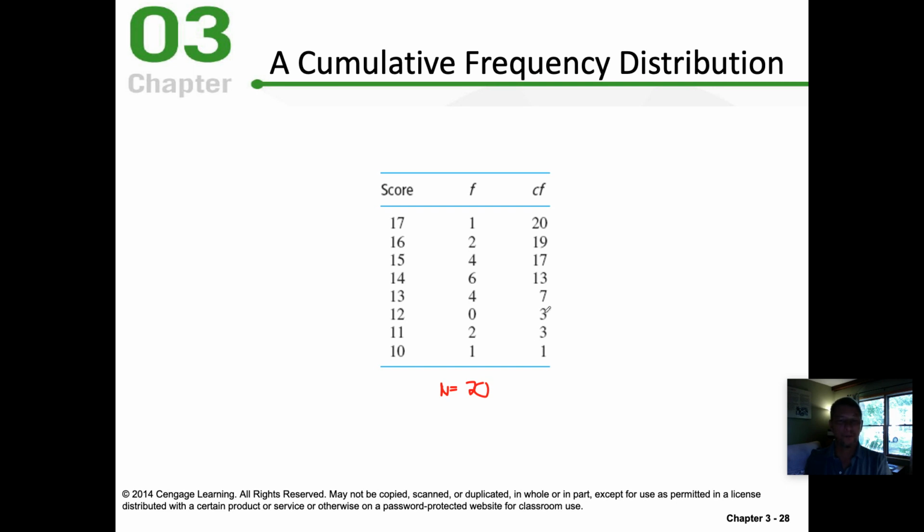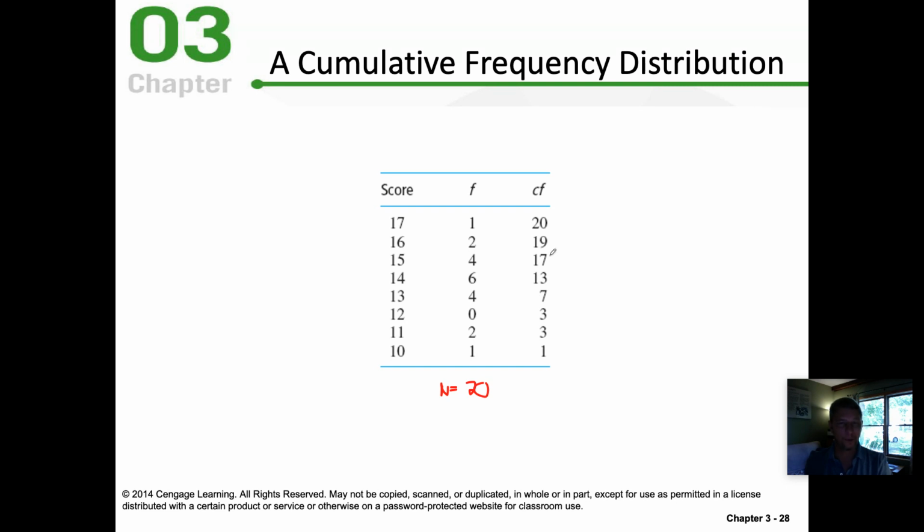For 12, there are no scores, it's got a 0 frequency. 2 plus 1 is 3, and so the cumulative frequency for 12 is 3. The cumulative frequency for 13 is 7, because 4 plus 2 plus 1 is 7. The cumulative frequency for 14 is 13, because 6 plus 4 is 10, plus 2 is 12, plus 1 is 13.